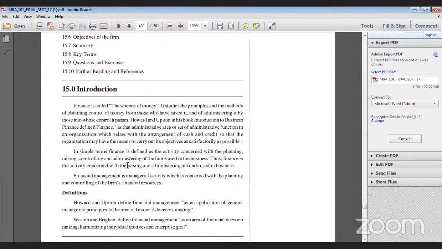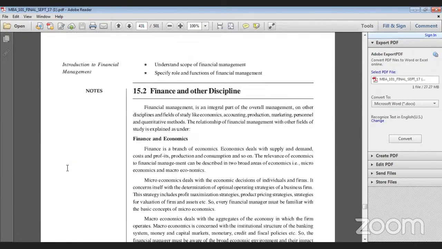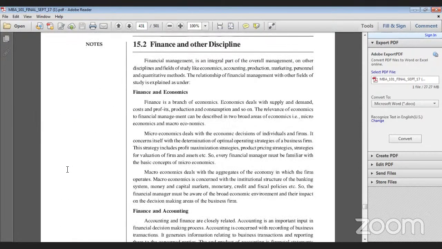Finance is the activity concerned with planning, raising, coordinating, administering and using funds in a business. So they have given definitions. Just read it very carefully.